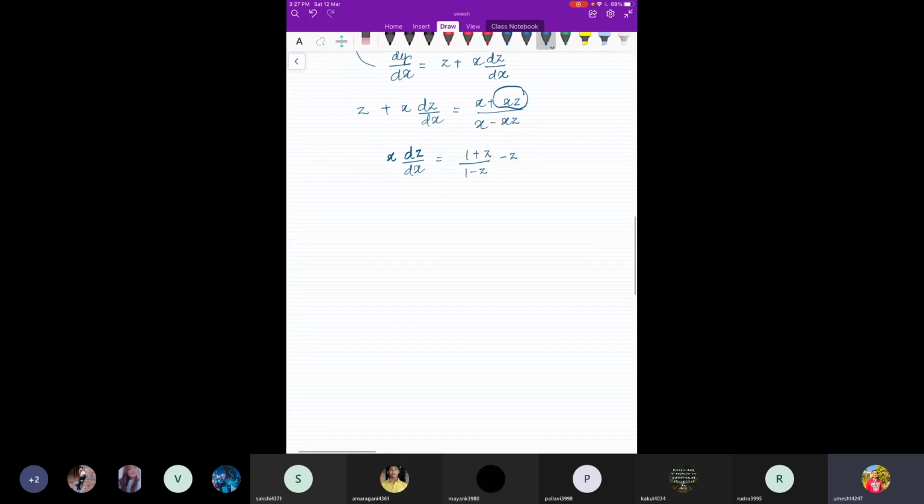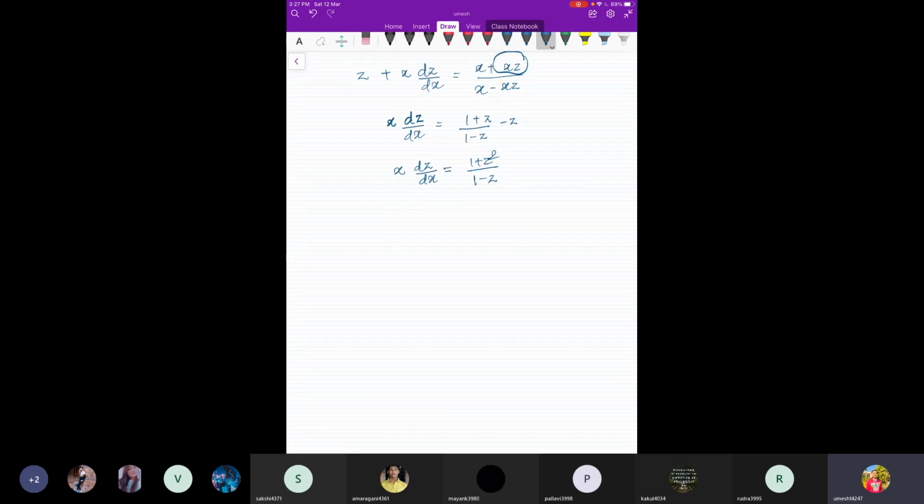Okay, so if we solve it further, it will be x times dz by dx equals (1 plus z square) upon (1 minus z). Taking it to the right hand side, it would be dz upon (1 plus z square) into (1 minus z) equals dx upon x.